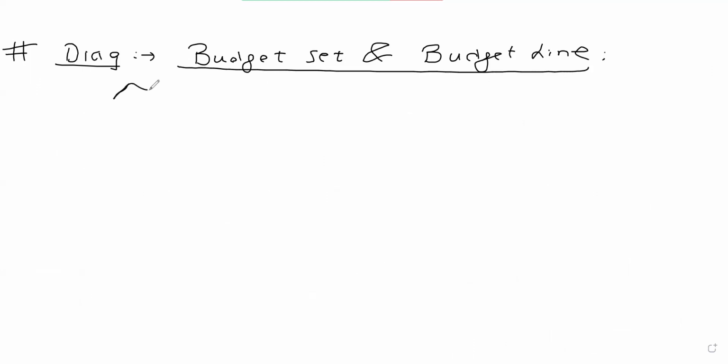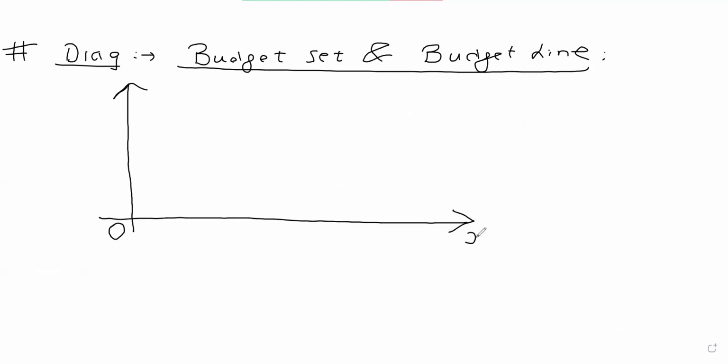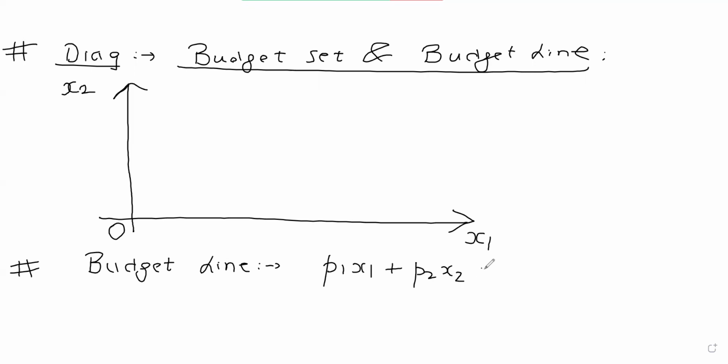Since we are having only 2 goods, we have 2 axes. On the horizontal axis, we have good x1. On the vertical axis, we have good x2. Okay, recall what was the equation of the budget line. It's P1x1 plus P2x2 equal to M.